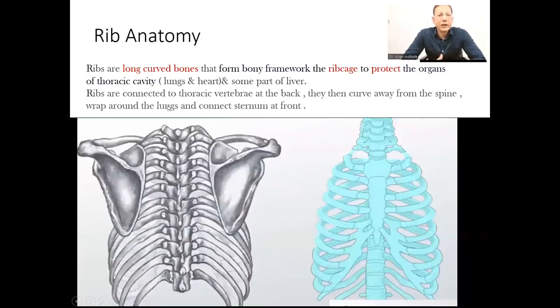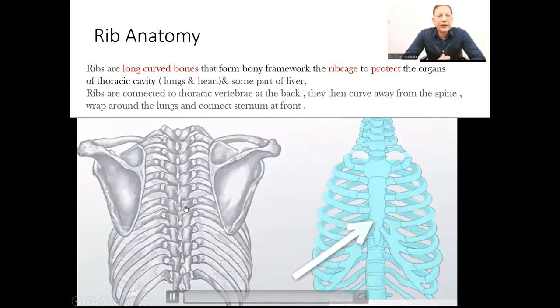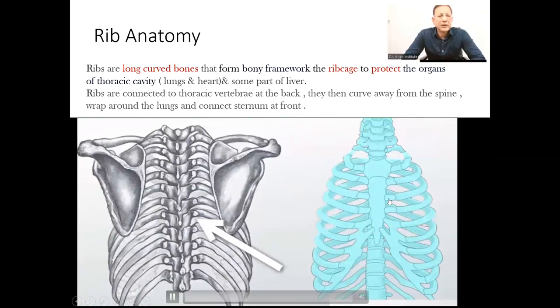Rib anatomy. Ribs are long curved bones that form a rib cage, a protecting bony structure, which encloses the thoracic cavity and protects the vital organs such as the heart and lungs.